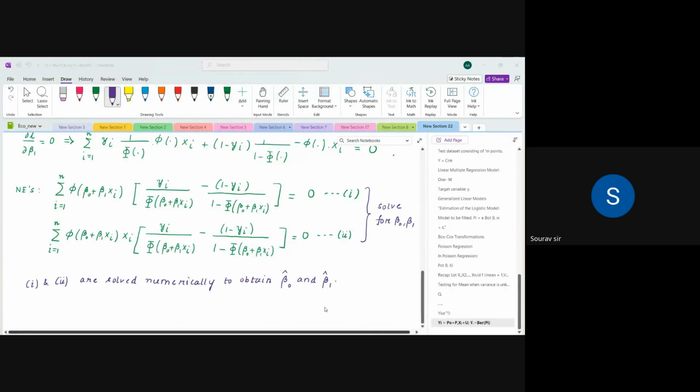Okay, that is the idea. And once you have obtained beta naught hat and beta 1 hat, what are your estimated probabilities?